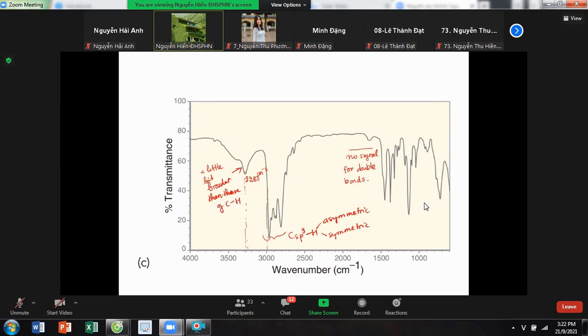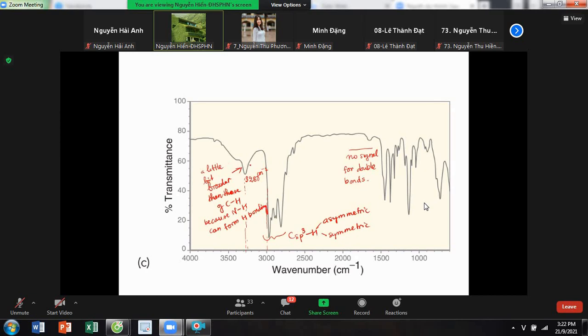It looks a little bit broader than those of CH because NH can also form hydrogen bonding, but not as strong as alcohol, so just a little bit broad.